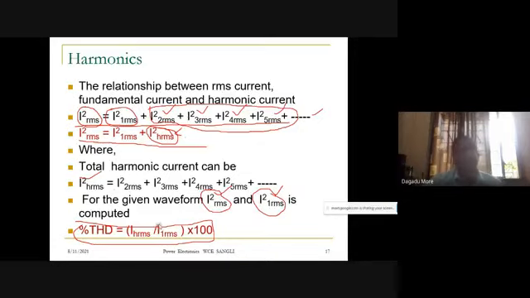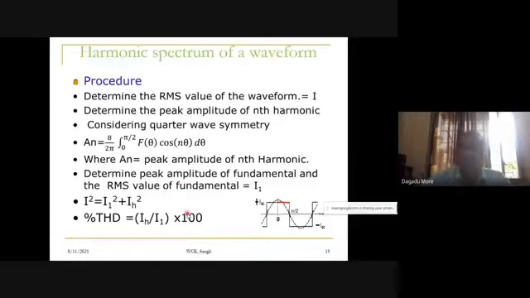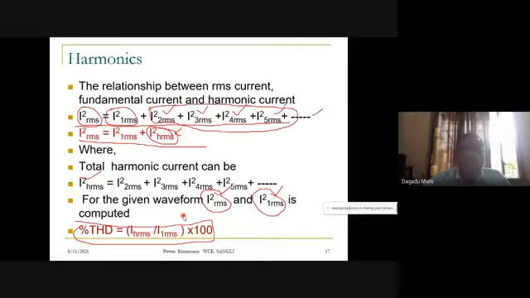So IH RMS to I1 RMS, that ratio we call the total harmonic distortion. Is it clear? This is about harmonics, and how to find the THD, what is meant by total harmonic distortion.